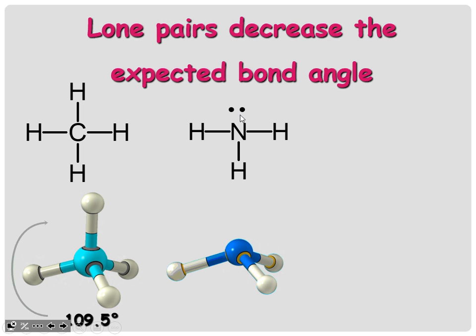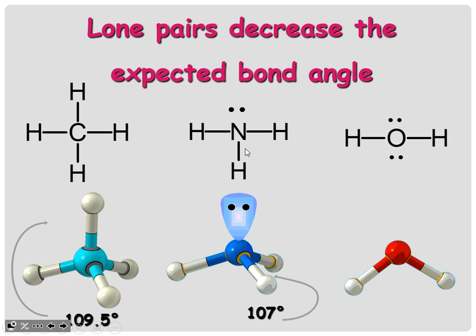So that lone pair pushes at all 3 of those shared pairs of electrons, a little bit more. So the bond angle is going to be decreased a little bit. So that 1 lone pair gives us a 107-degree bond angle.